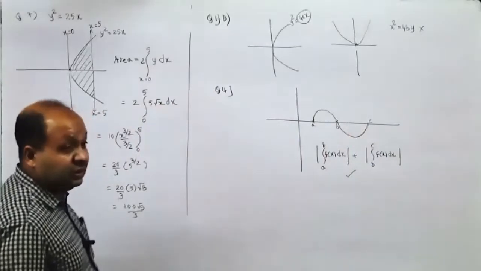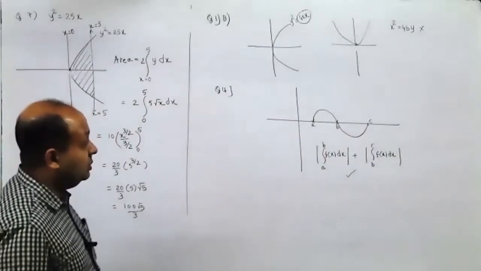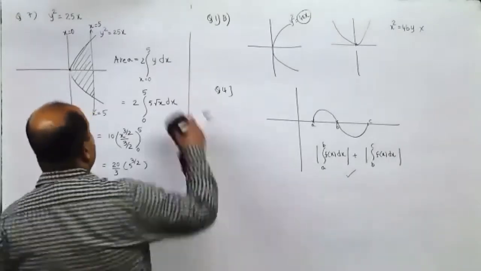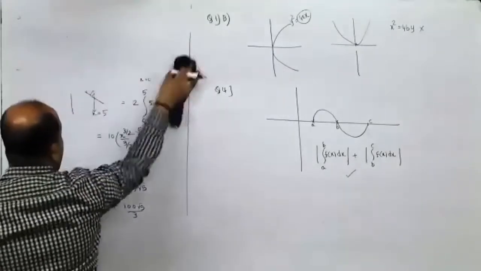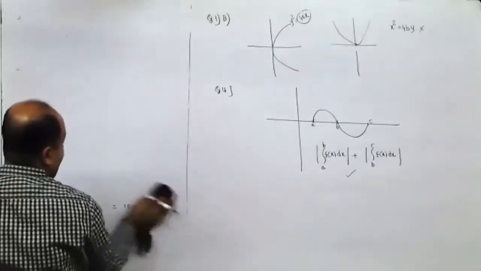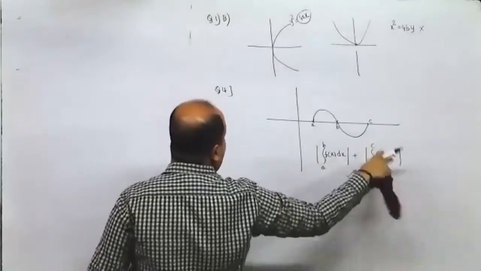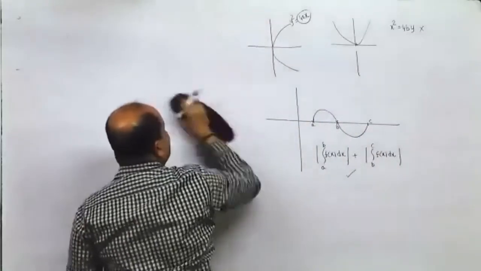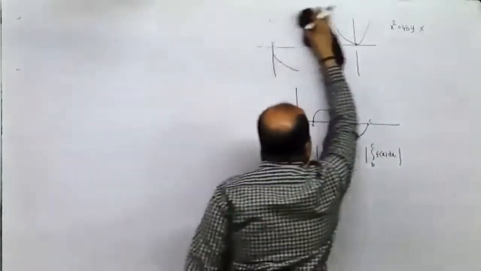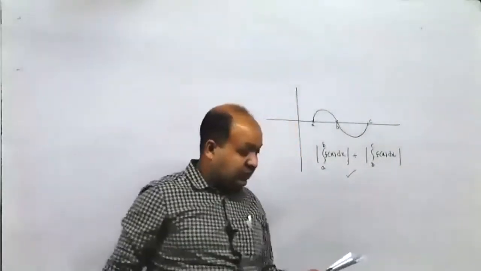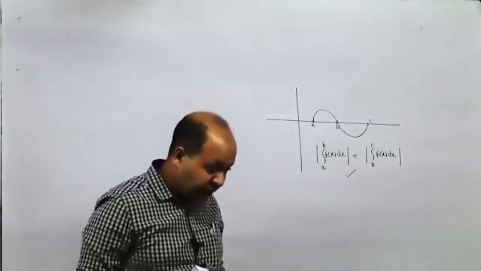No, but the function may be different. If the functions are the same, then it would be A to C f of x dx. But if the functions are different, it would remain like this. Yes, then it should become g of x, no?